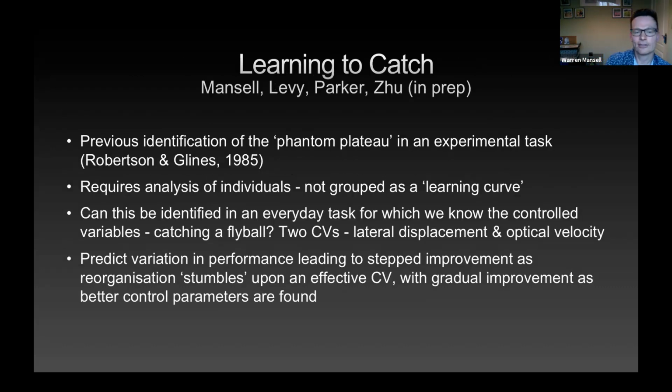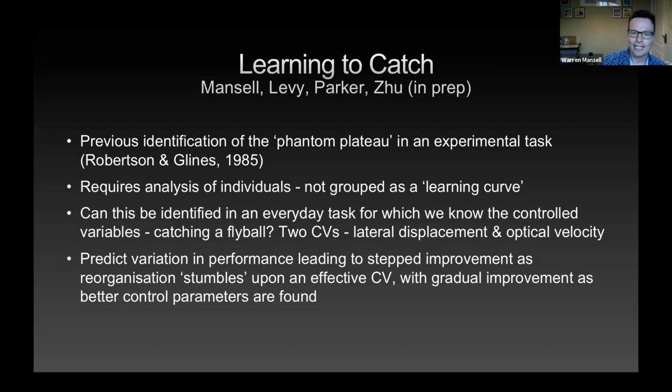The one study that Rick has described in a lot of nice detail in his new book is a paper by Dick Robinson, where he notices that there's this trial and error variation in performance, followed by an improvement and a plateau at that improvement, which you would expect would happen when people master a new controlled variable.